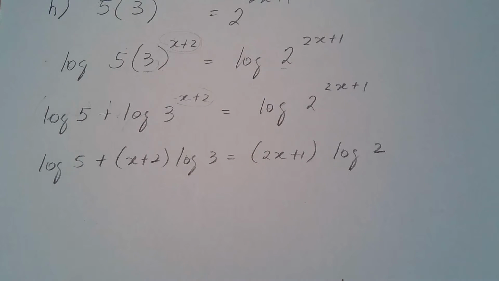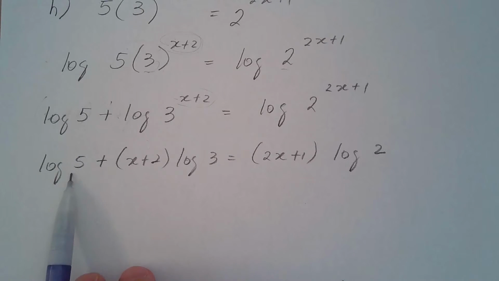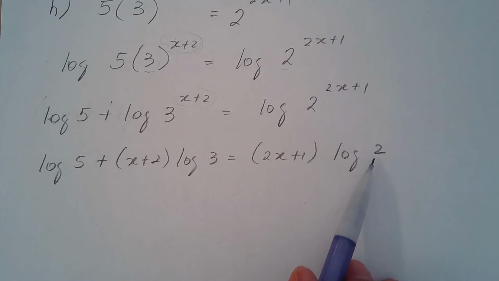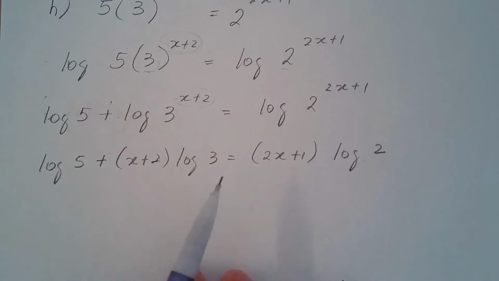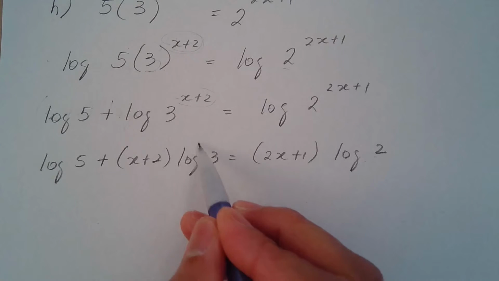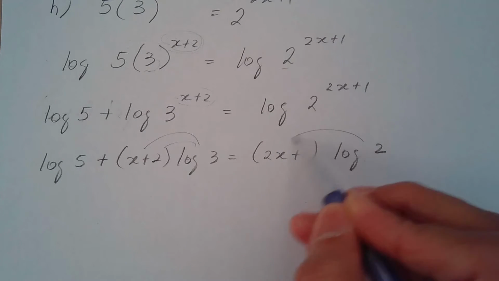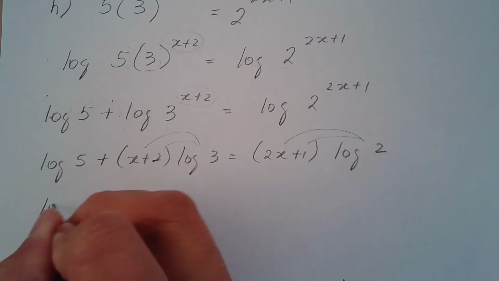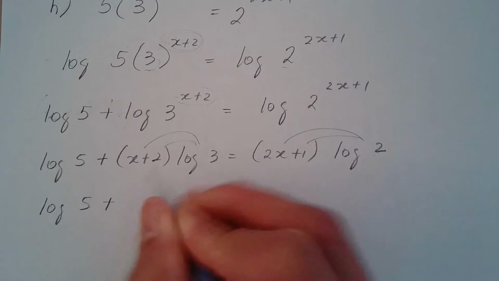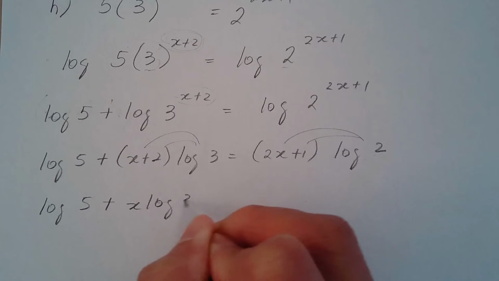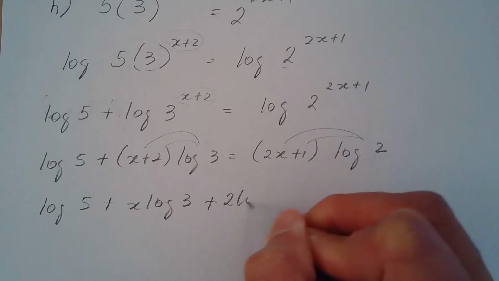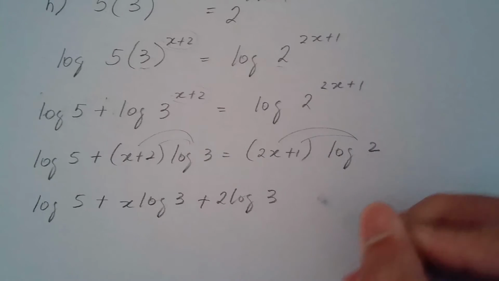Now, they're all different bases in here, right? Or base 10 now, but that's log of 2, this is log of 3, this is now log of 5. We can multiply it in. Log of 5 plus x log of 3 plus 2 log 3 equals 2x log of 2 plus log of 2.